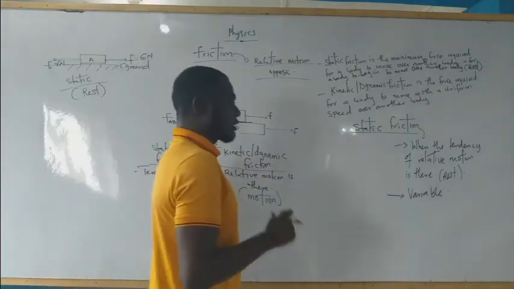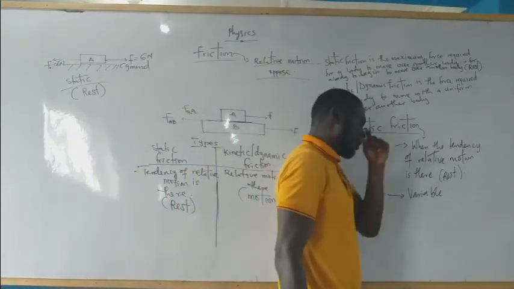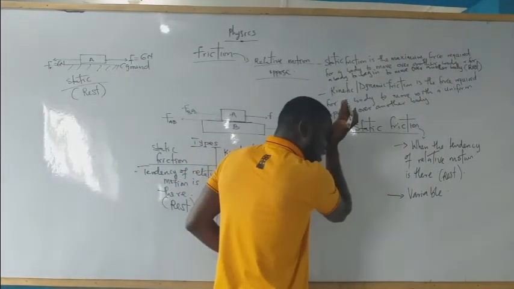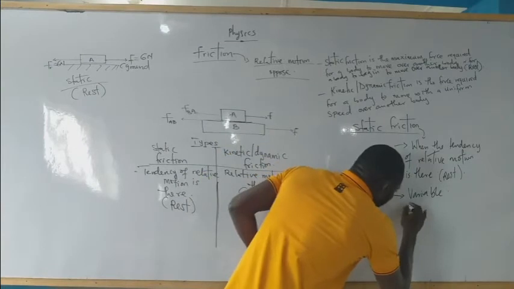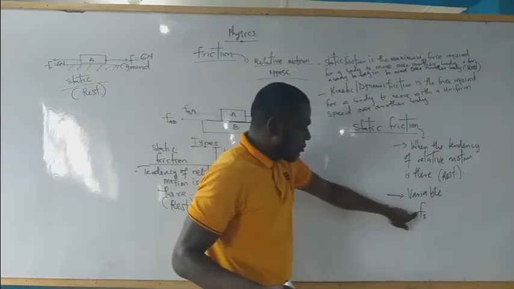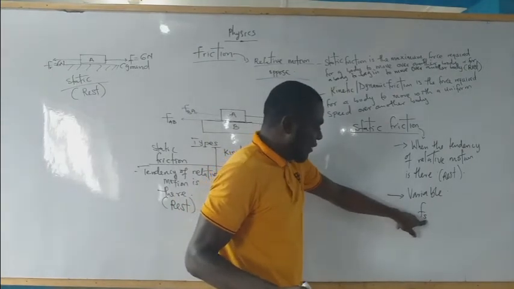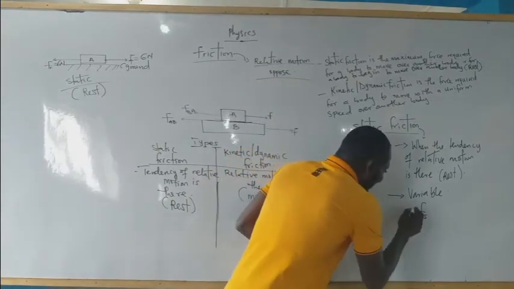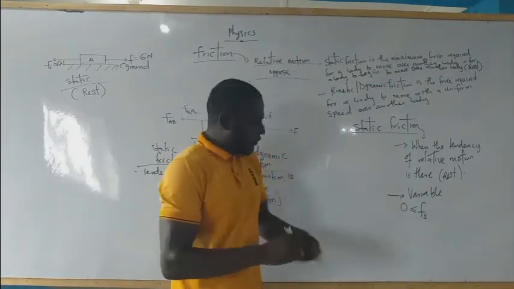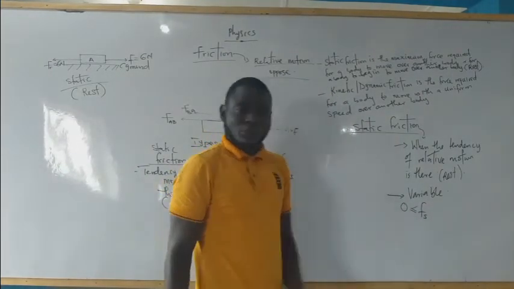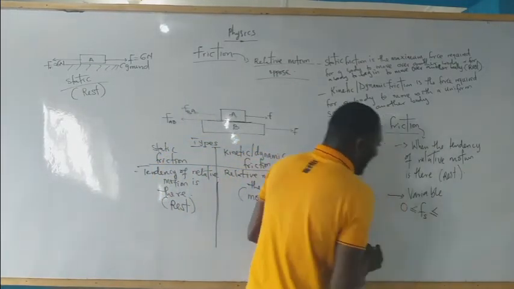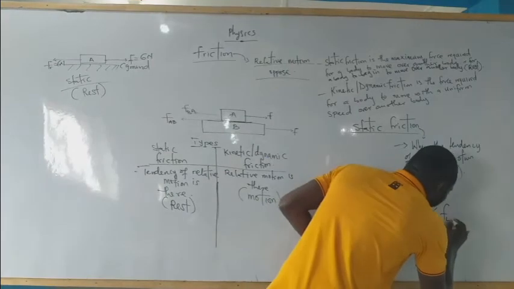That is, static friction Fs is greater than or equal to 0. And static friction is also less than or equal to the limiting friction.